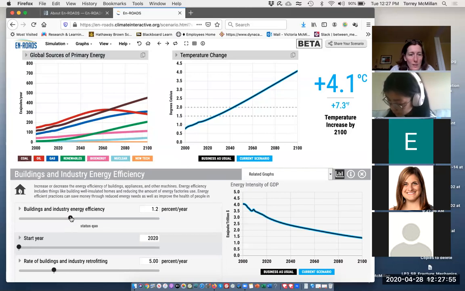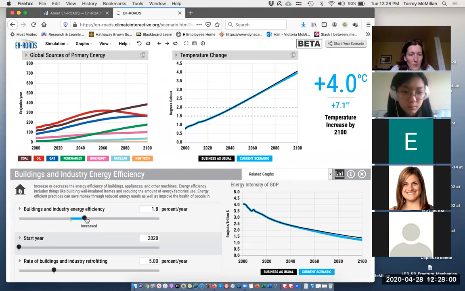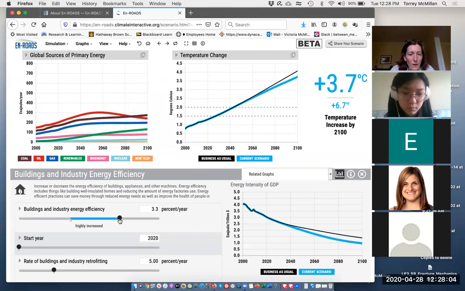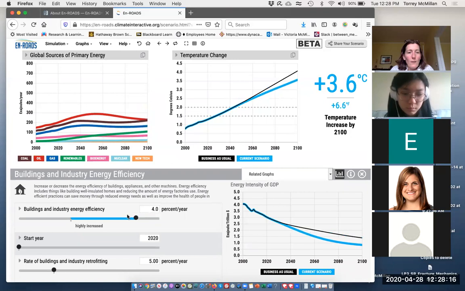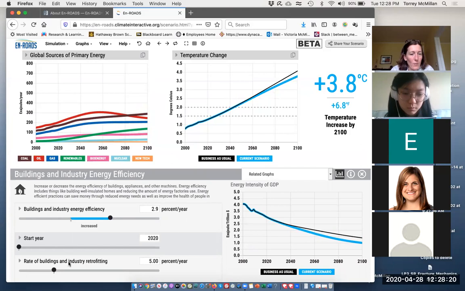So building efficiency, let's say we make it a lot more efficient. See, down at the bottom it says it's increased, now it's highly increased. Building efficiency. And that's starting it right away. And that's setting it at 5% of buildings getting retrofitted every year.